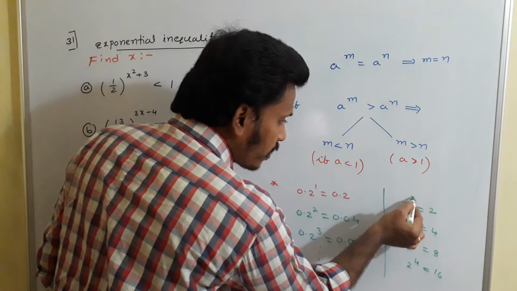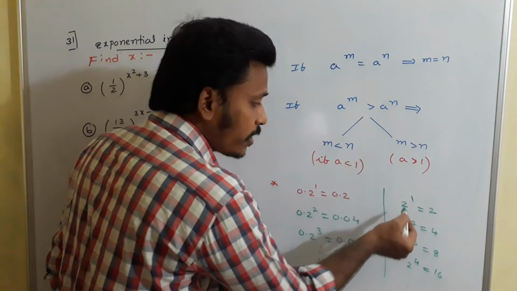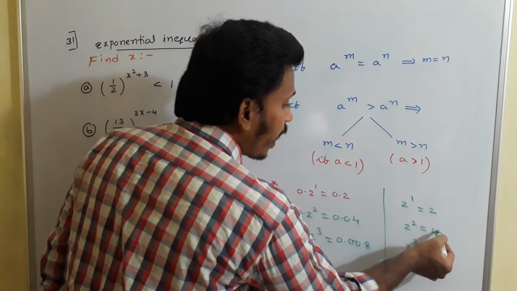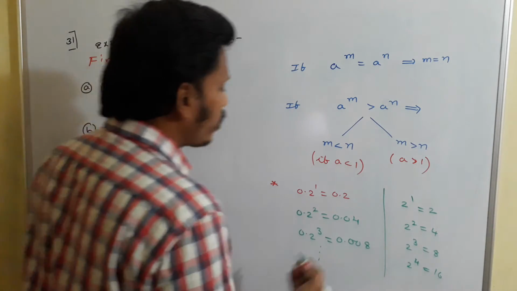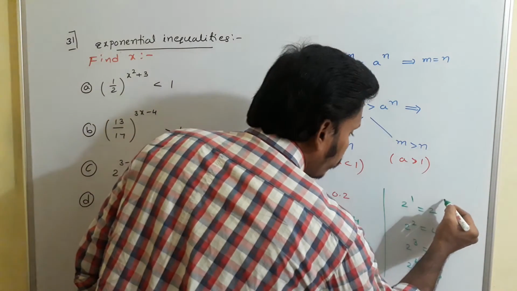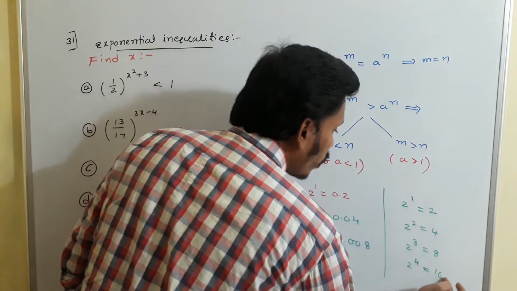Here powers are rising 1, 2, 3, 4. Base is fixed, 2. Since the base is fixed, as I am raising the powers, these values are also increasing. Think about that relation between powers and values. In this case, powers are increasing as well as values are also increasing.